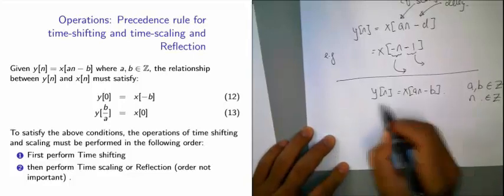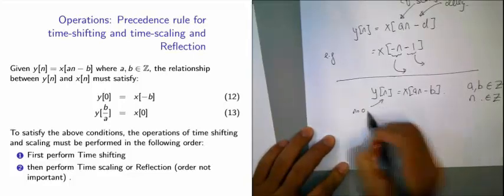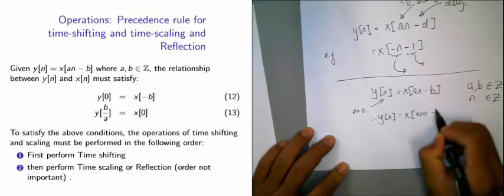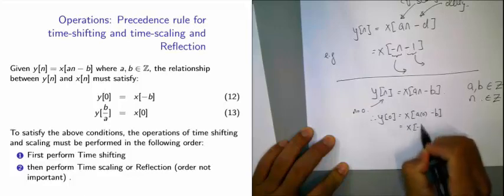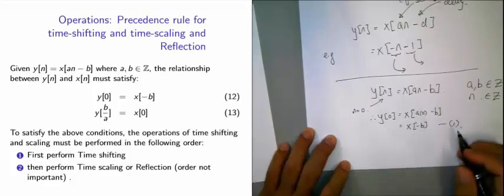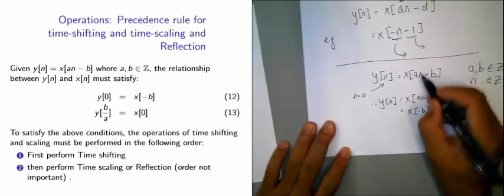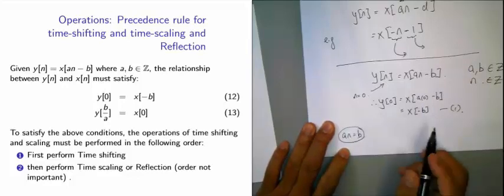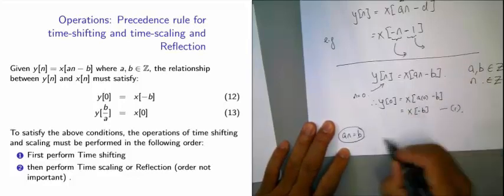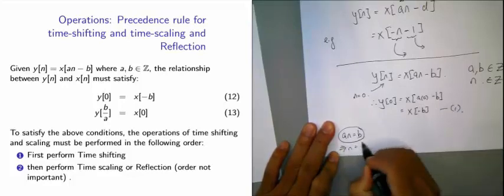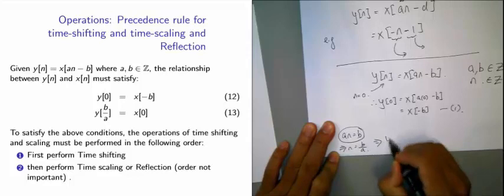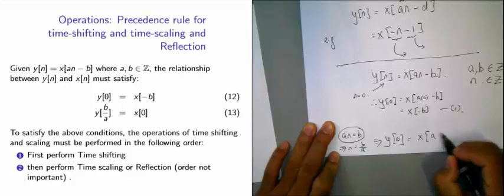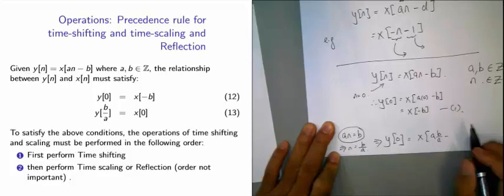Now let's play and set n equals to 0. Therefore, y[0] is simply x[a times 0 - b], and therefore now we get x[-b]. So this equation must satisfy. And in the other equation, I'm going to set an equals to b. And if this is true, then n equals b over a, so y[0] is x[a times b over a - b].